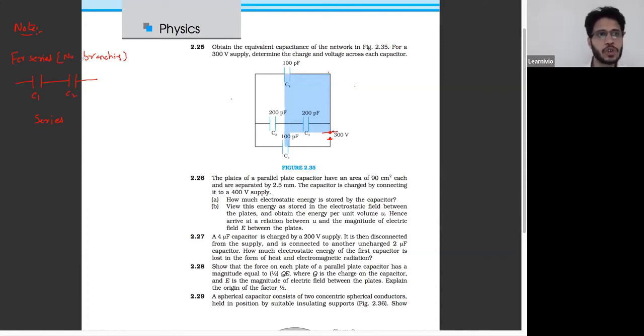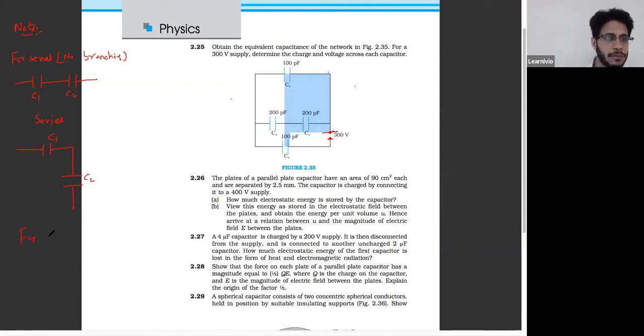So series combination, no branching. This is C1 and C2, again a series combination. There is no branching. So we look for these types of terms in the circuit. The terms having no branching are connected in series.